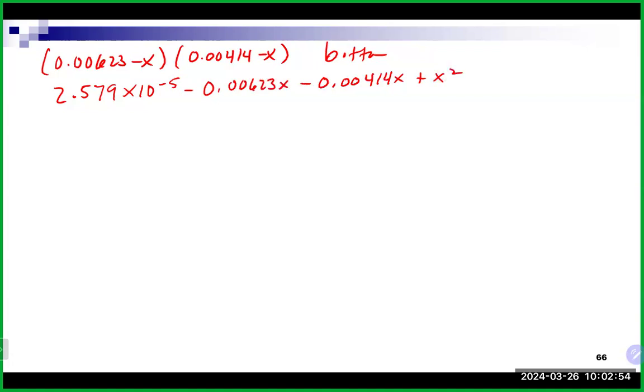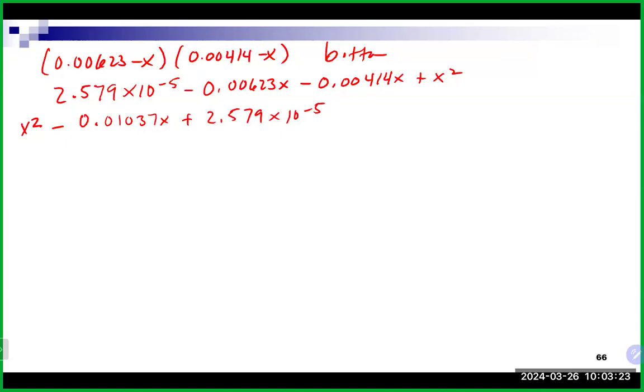Combining our middle term for the bottom here, it gives us x squared minus 0.01037x, plus 2.579 times 10 to the minus 5. Any questions on that so far?